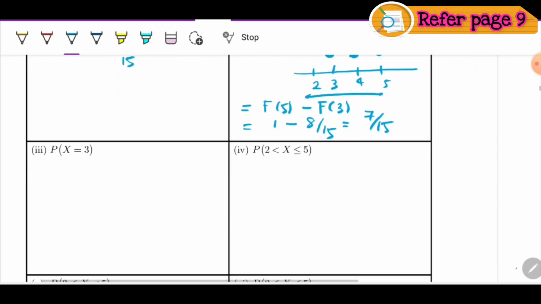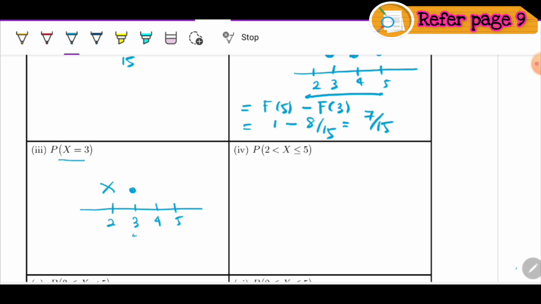Look at question 3. Find the probability when x equals 3. So we draw a number line. Start from 2, 3, 4, 5. So we just want x equals 3 only. So we don't want x equals 2 or less than or equal to 2.